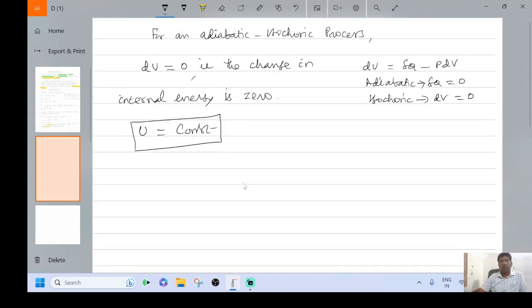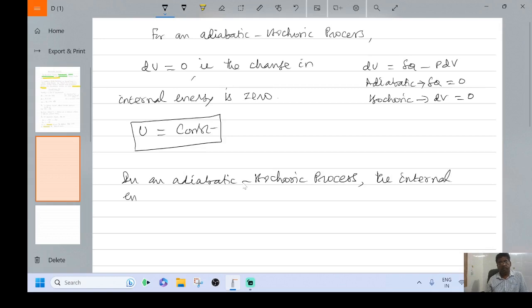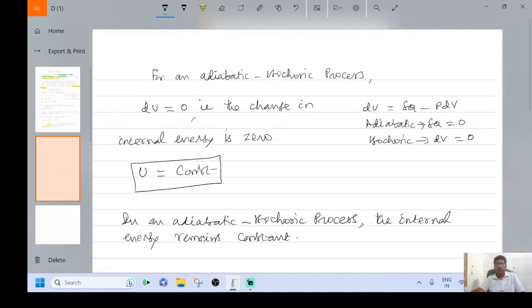Now the conclusion is, in an adiabatic isochoric process, the internal energy remains constant. It's all about the term internal energy.